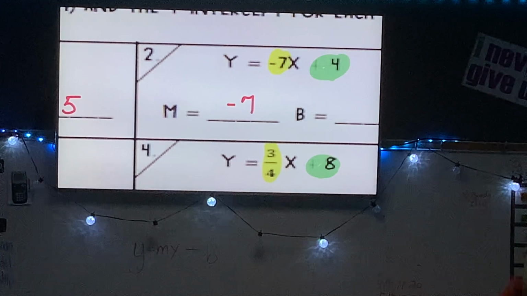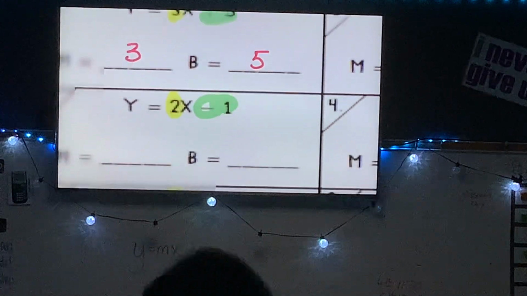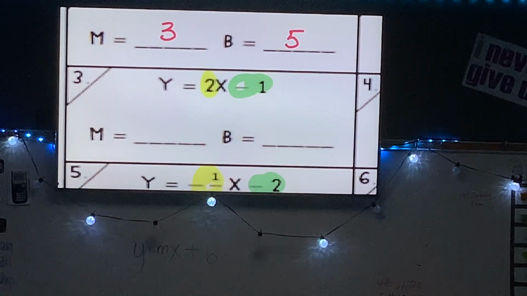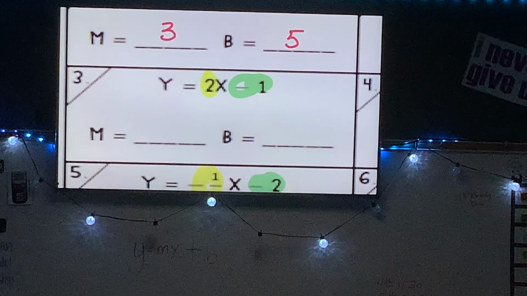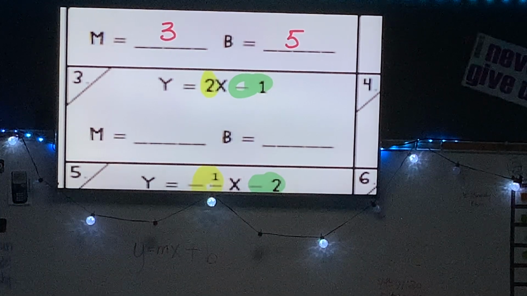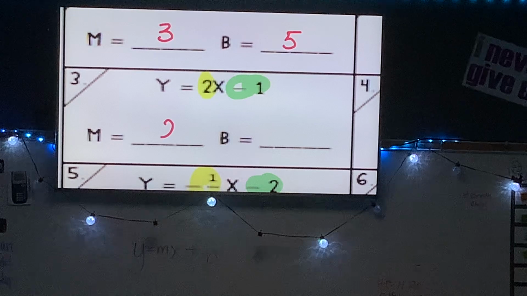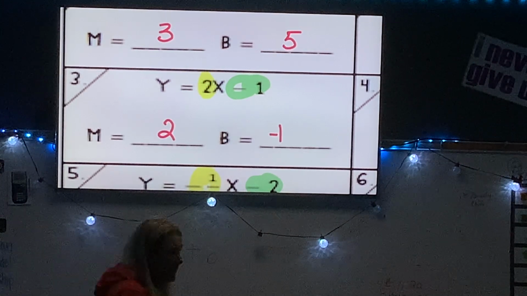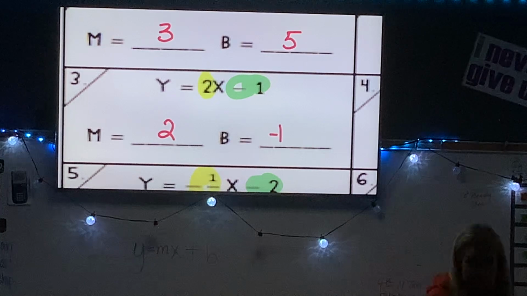And my y-intercept, my B, is 4. I now look at number 3. What is my slope? 2. Good. And my y-intercept, do you see there's a minus in front of it? So we're going to say it's a -1. So if there is a minus in front of it, you're going to take the sign with it. Okay?